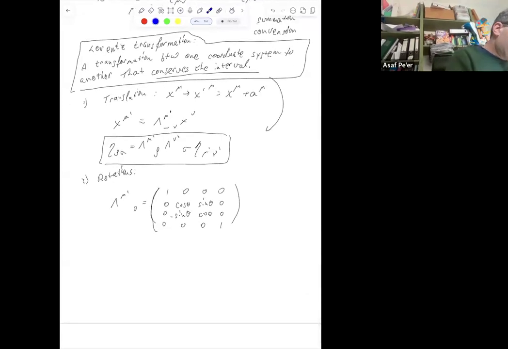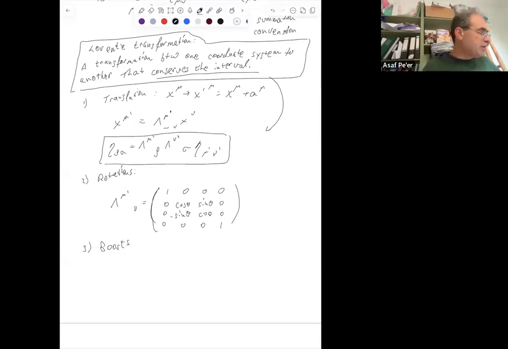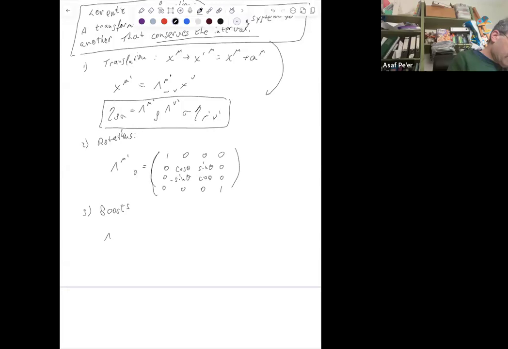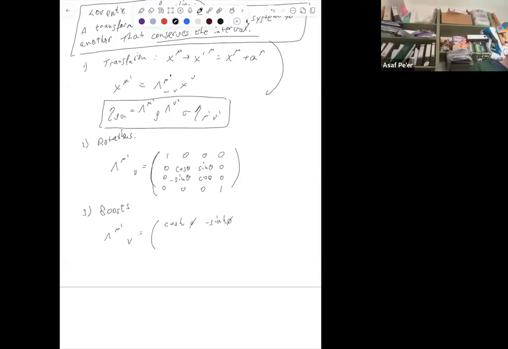So rotations are legitimate Lorentz transformations, and the second is boosts, which can be thought of as a rotation where time is one of the components. Lambda mu prime nu is cosine hyperbolicus of phi, minus sine hyperbolicus of phi, 0, 0, minus sine hyperbolicus of phi, cosine hyperbolicus of phi, 0, 0, 0, 0, 1, 0, 0, 0, 0, 1.